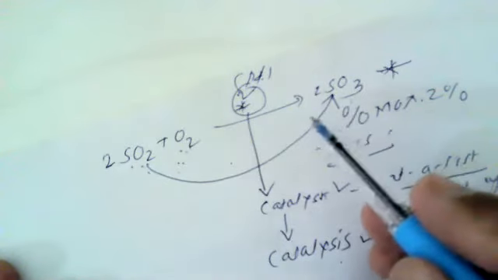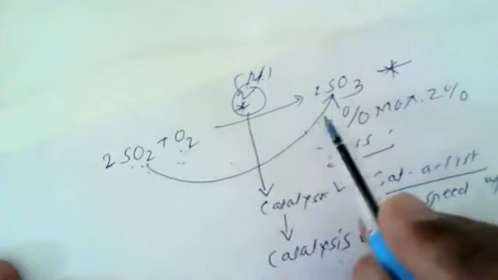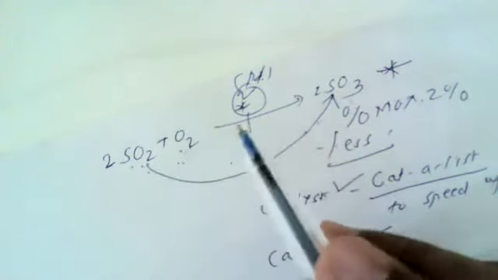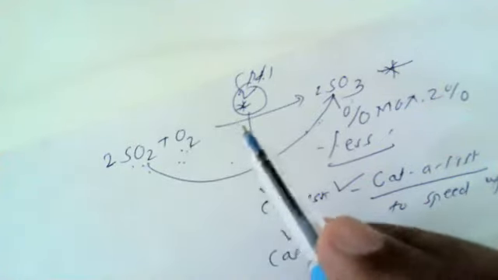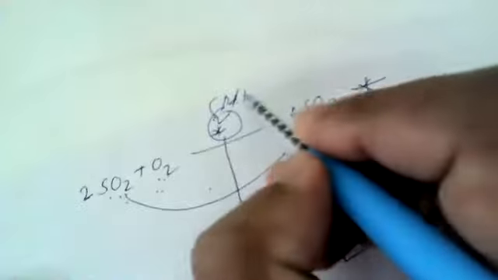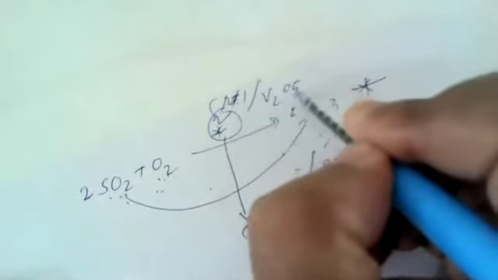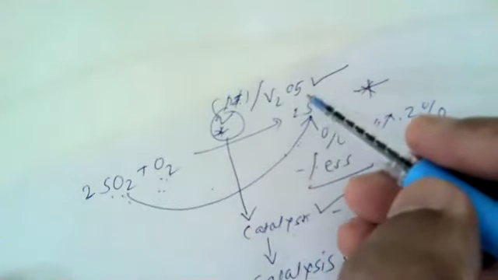Now, in order to increase the rate of reaction, or to alter or change the speed of a chemical reaction, we have to use certain substances. Platinum, or nowadays vanadium pentoxide, is most of the time used as the best catalyst.